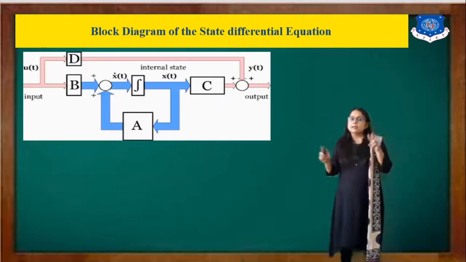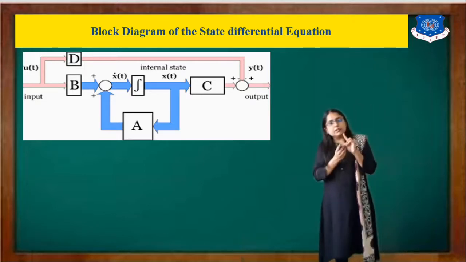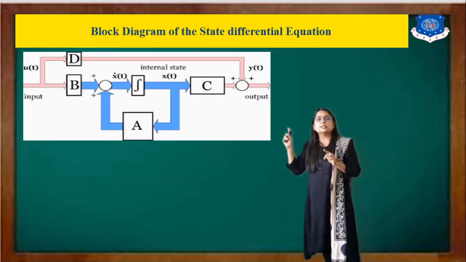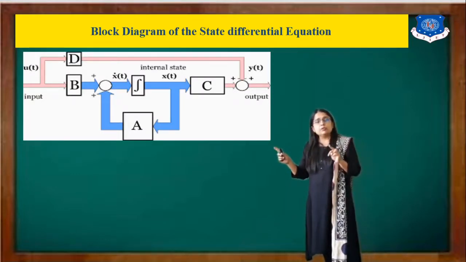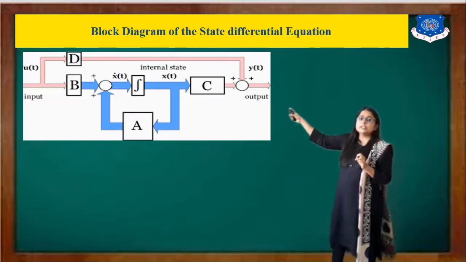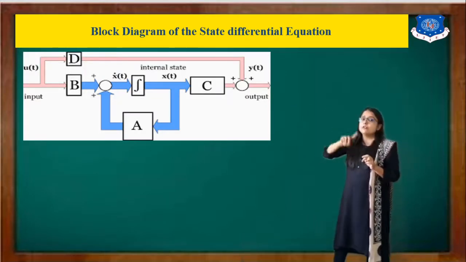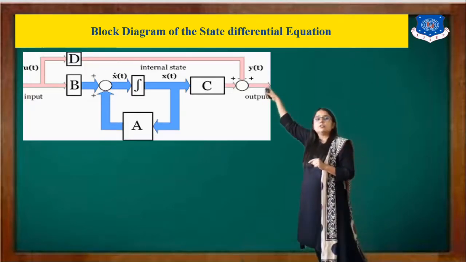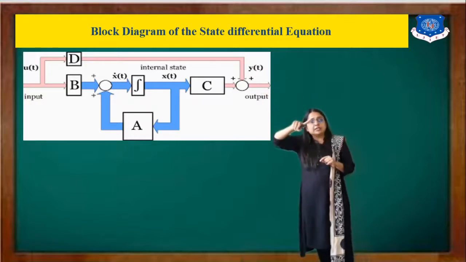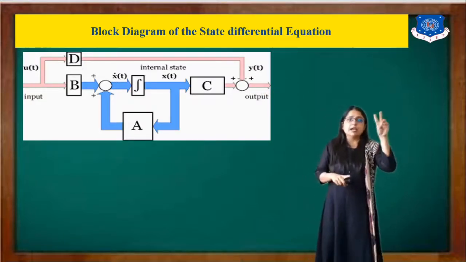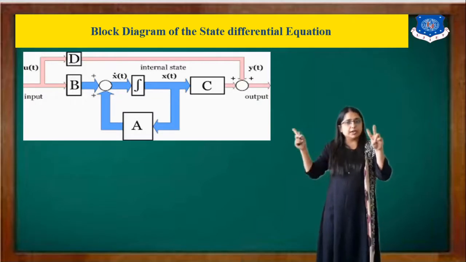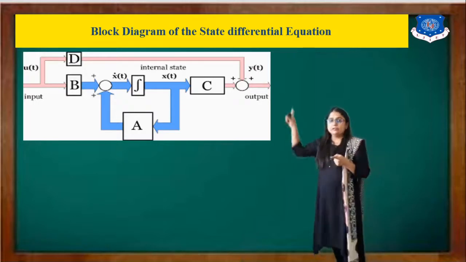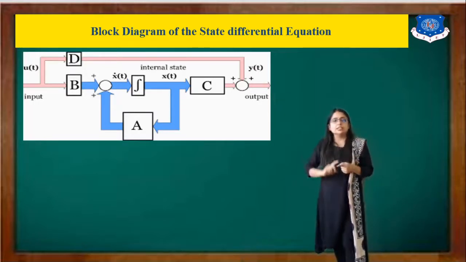Based on this diagram, I will write two equations: one for x dot t and one for y of t. The circle is represented as a summing point. The output of the first summing point is x dot t, and the output of the last summing point is y of t. For the first summing point I have two inputs, one from b and another from a, so I multiply a with x of t and b with u of t.